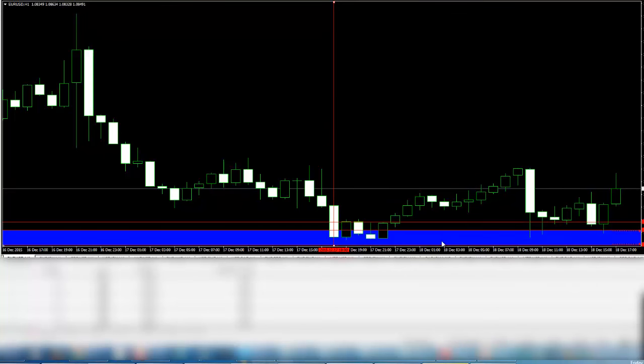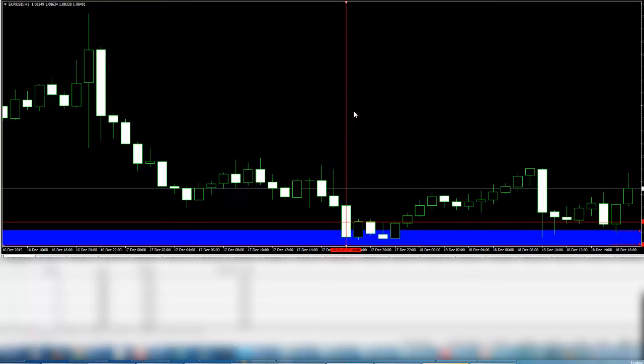So your zone is where I drew the blue there, just based on past price action. But what you can look for, you see this bar right here? At the start of this bar, at 1900 yesterday, price was in the zone.